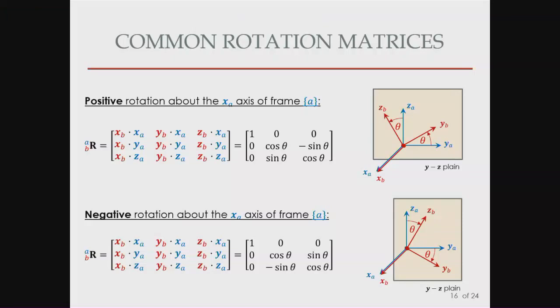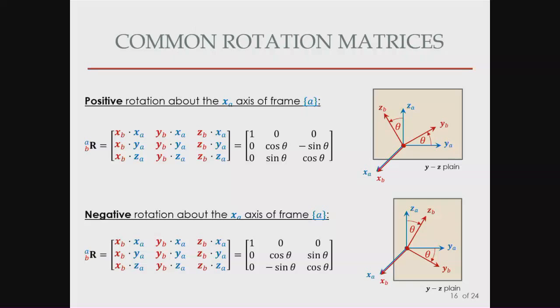So this is your YB projected onto frame A. Why is it 0, cosine theta, minus sine theta? Let's see. YB dot XA. XA and YB are normal to each other, right? So that's why we have the 0. Then YB dot YA.